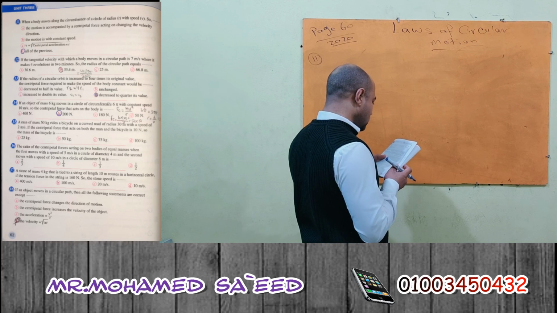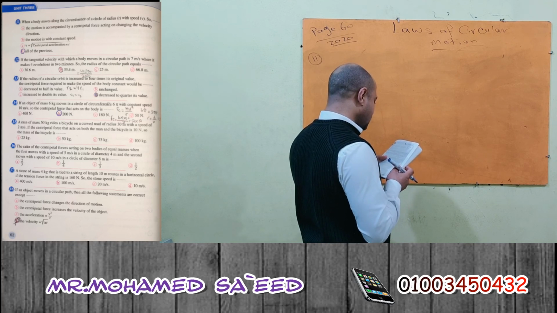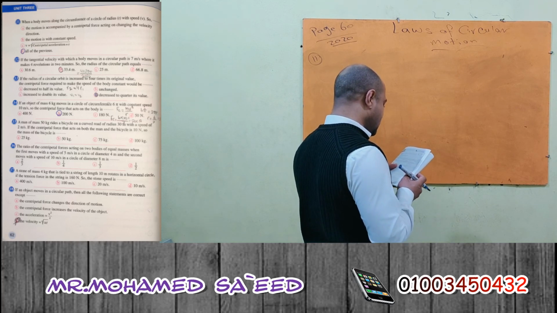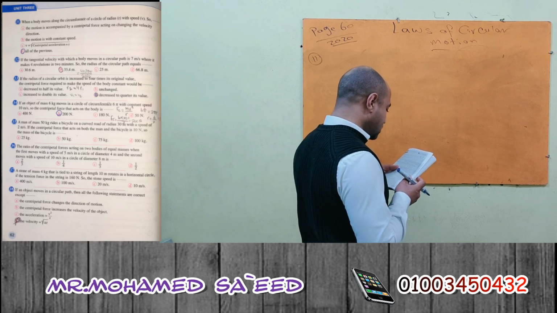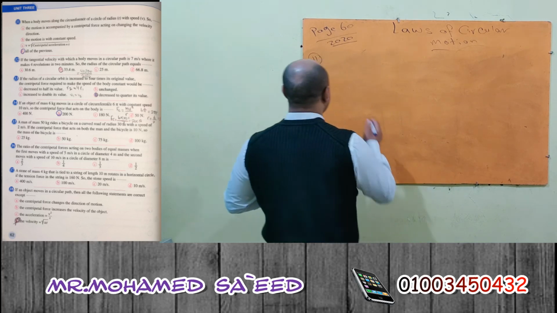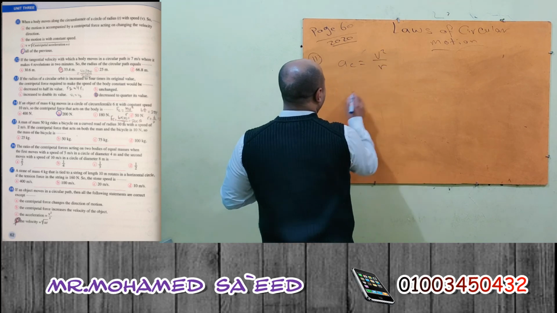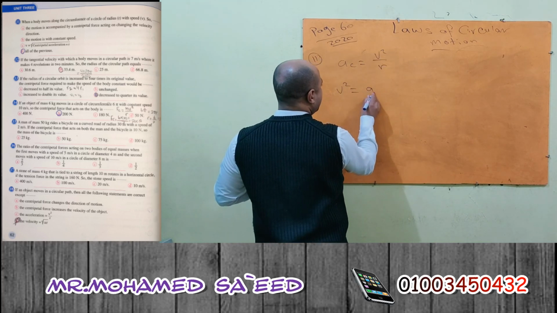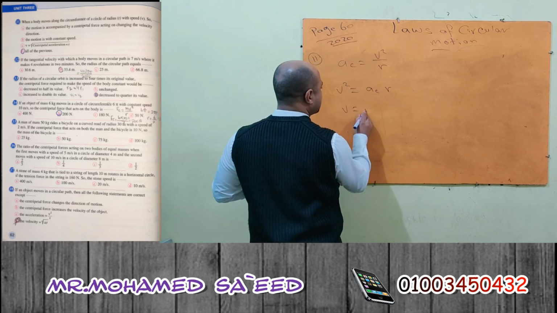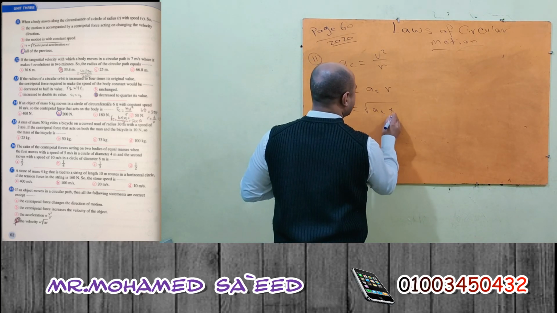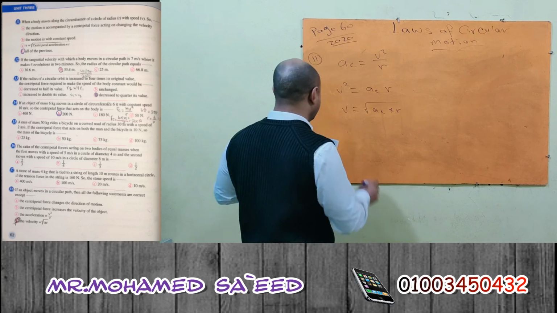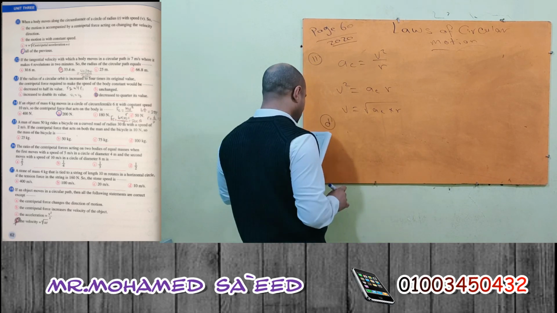The motion is with constant speed. V equals square root of centripetal acceleration times R. We said that AC equals V square over R. So V square equals AC R. So V equals square root of AC times R. So the true answer is D, all the previous.